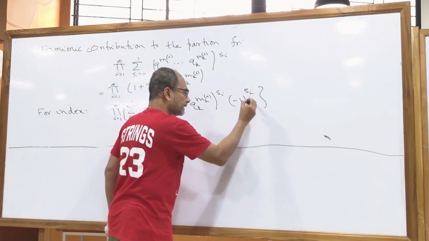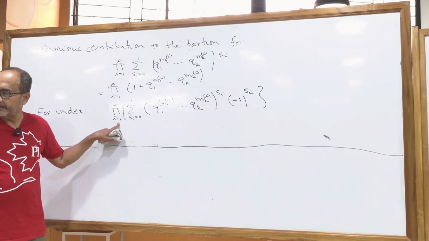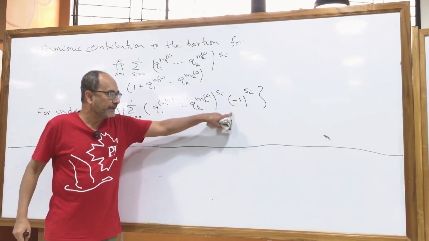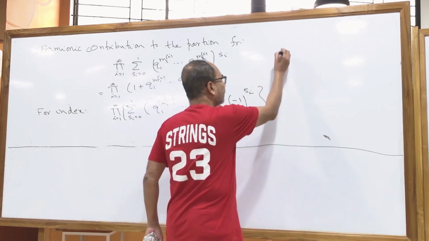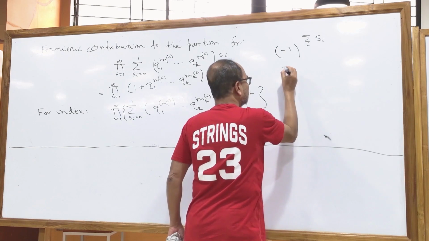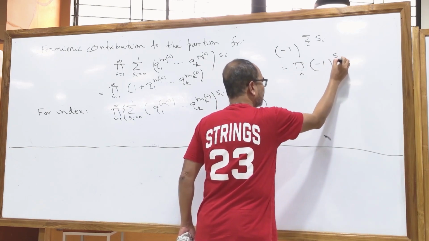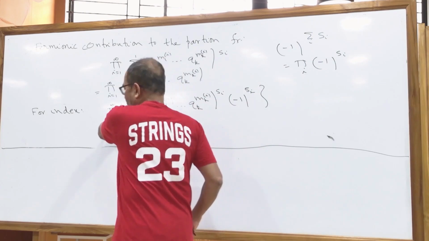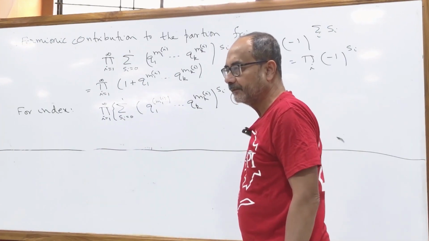I am not writing the sum over Si because there is already a product sitting outside, right. This product, when you take it here, it will become minus 1 to the power sum over Si, right. So, I am using that minus 1 to the power sum over Si is product over i minus 1 to the power Si, right. And in this expression, there is already a product over i. Okay, so I just write it as minus 1 to the power Si.